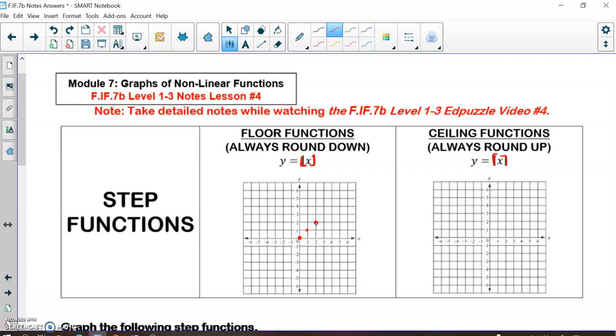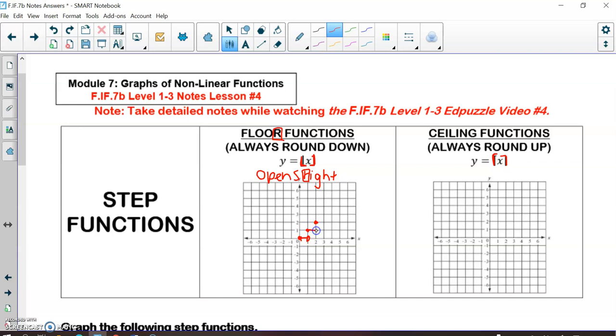And now a floor function opens to the right. And how you can remember this is that the word floor has an R in it, so does the word right. So all your steps are going to open up to the right, meaning that from the points that we have graphed right now, we are going to draw a horizontal line so it stops directly under the next point, and then there's going to be an open dot on the end of that step.